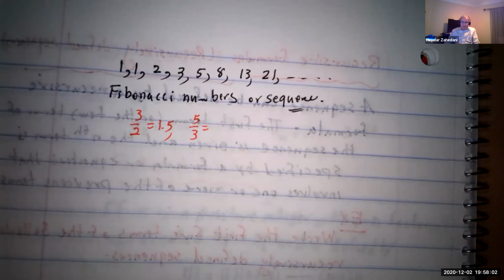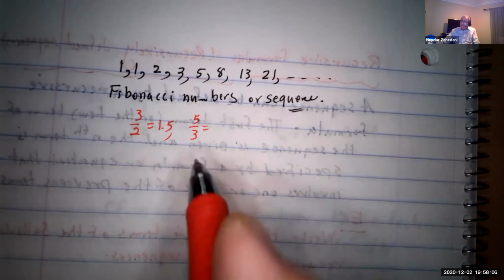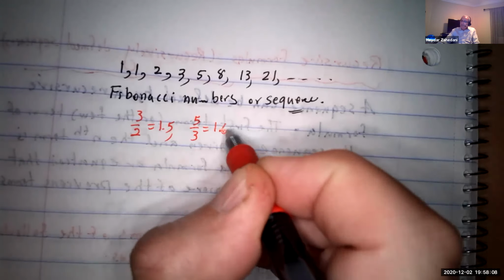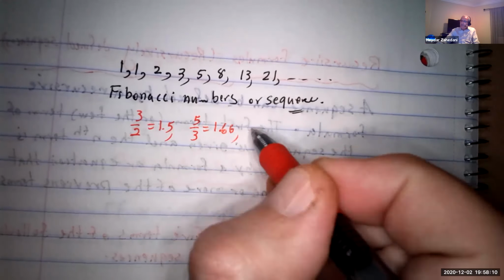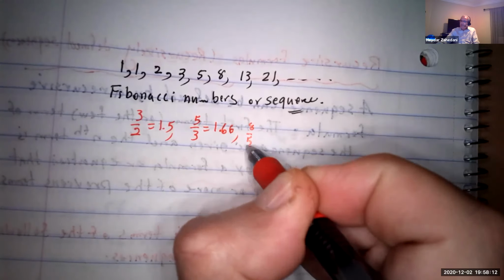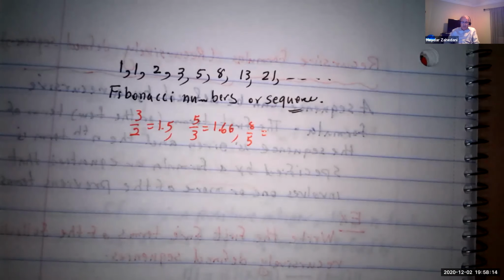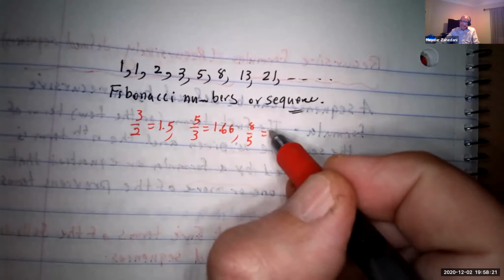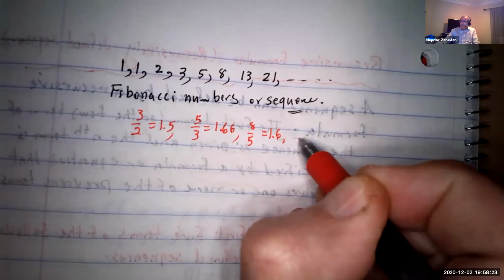It's going to be 5 divided by 3. And if you do 8/5, it is going to be almost the same number. So that gives you 1.6, and you continue forever.